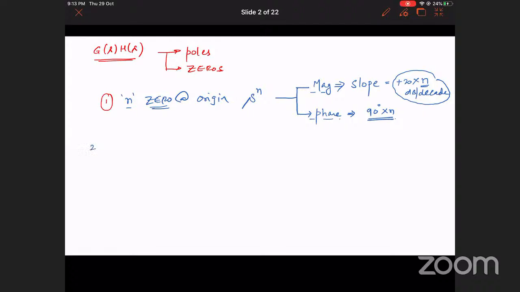Second, if you look at 1 upon s to the power n, what does that indicate? When I say only s to the power n, it indicates n zeros at origin. Can anybody who is watching this video tell me what is meant by 1 upon s to the power n?